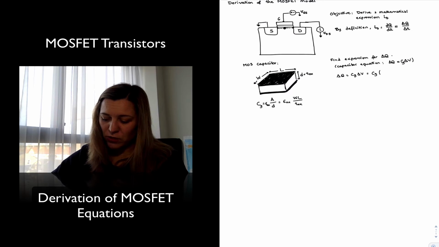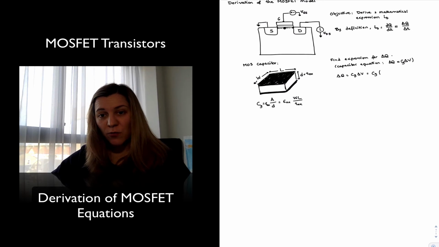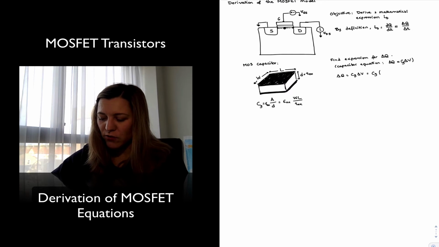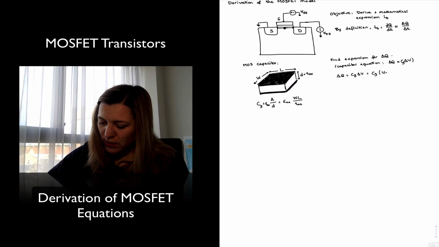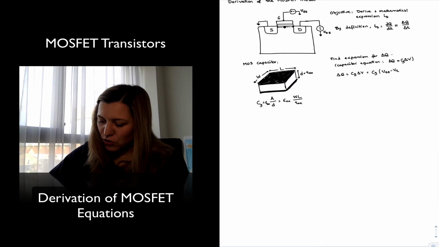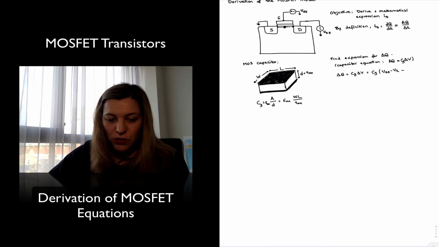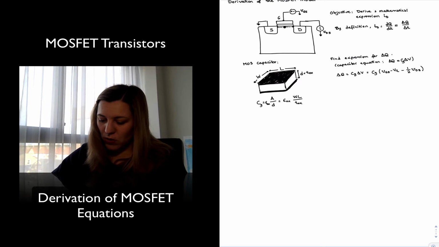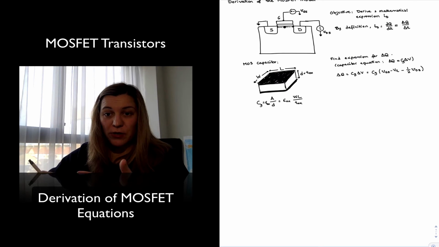And it's important to note that for the voltage applied at the gate, we're not going to consider just VGS, but rather VGS minus VT. So the overdrive voltage, that's the effective voltage, if you want to think of it that way. And so VGS minus VT, that's the gate voltage, minus 1/2 of VDS. That's my delta Q, the separation of charge between the two plates.